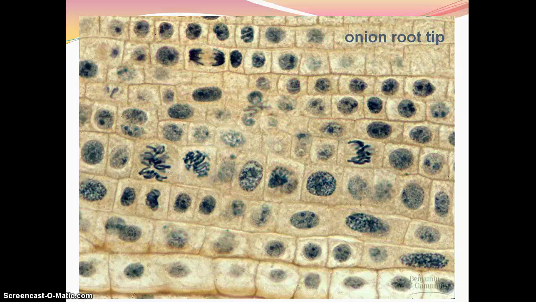See if you can find one of each of the key phases of mitosis. And if you have trouble, there are plenty of websites online that you can practice and get some help in identifying by a photograph what phase is going on, and you really do need to know how to do that.